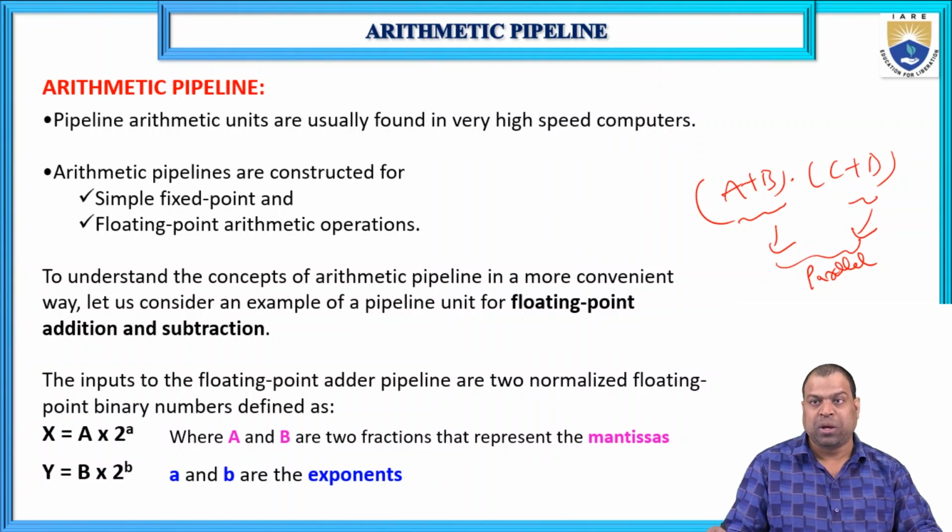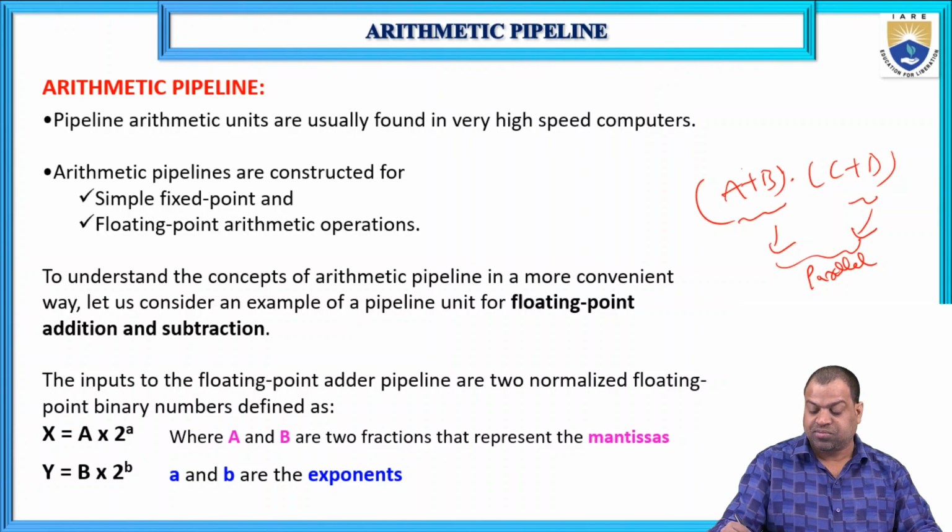That is called pipelining. Pipelining means it is a systematic process to perform the arithmetic operations. It is an integer or floating point, whatever it may be, but majorly we use this method for floating point addition and subtraction. So pipelining is nothing but a systematic process to complete the arithmetic operations of anything.